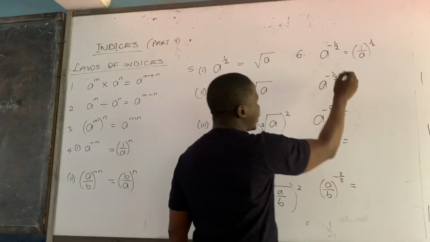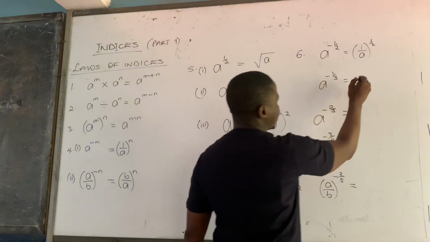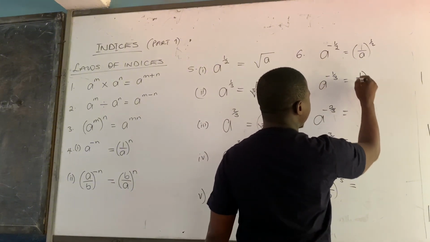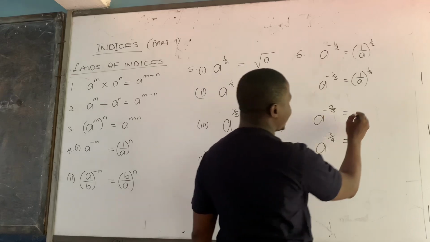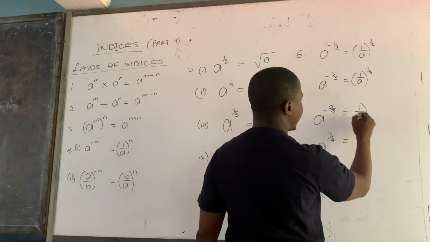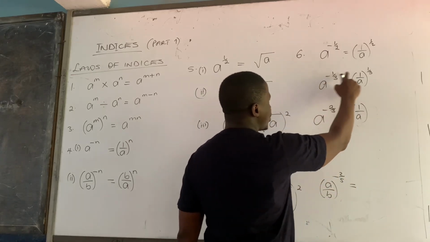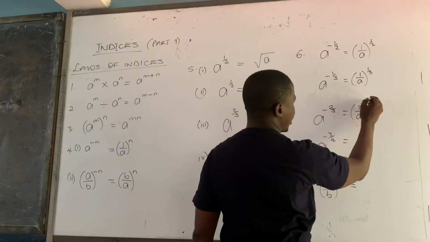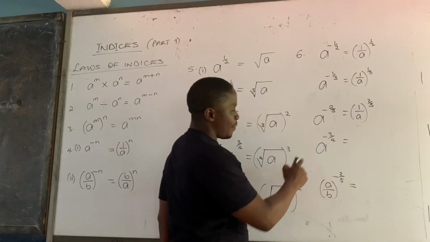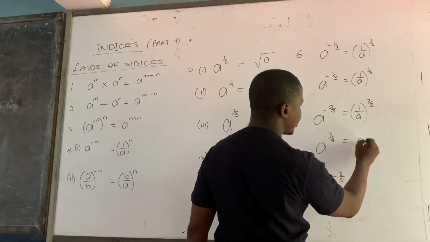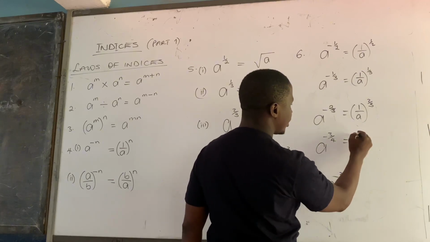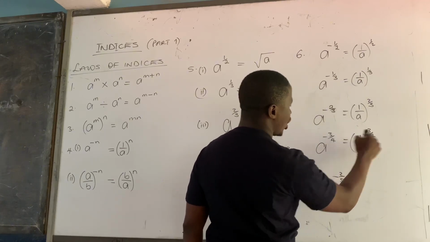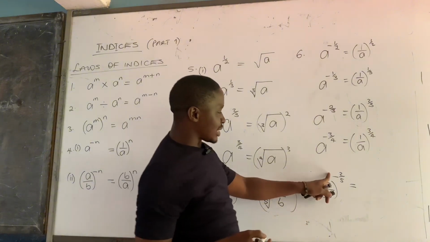The power is negative, we consider the inverse: 1 upon a raised to 1/3. The power is negative, 1 upon a, and we ignore the minus: 2/3. The power is negative, 1 upon a, 3/4. No more minus.